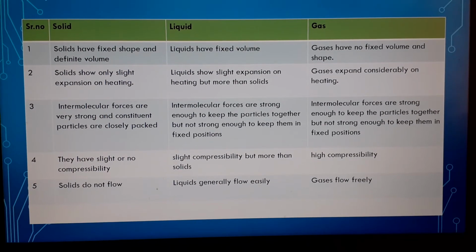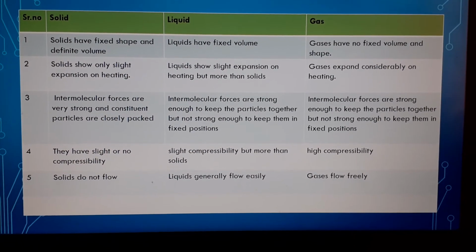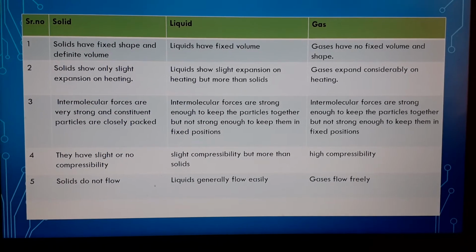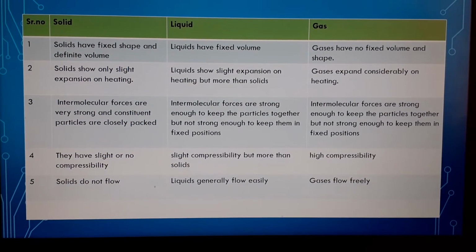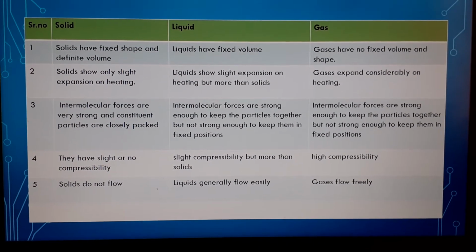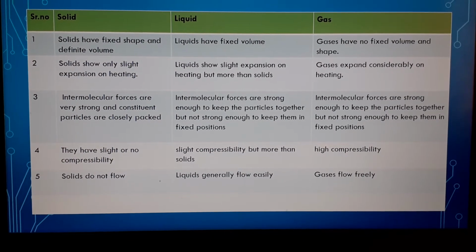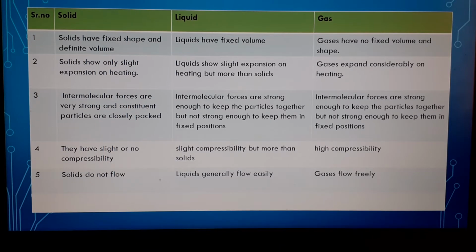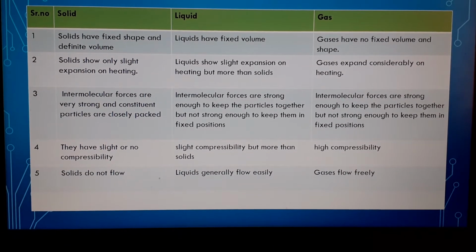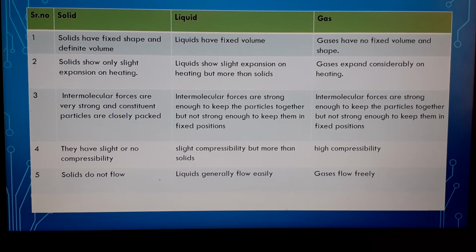That is why outside force does not act on it, and that is why it has a fixed shape. Liquids show a slight expansion on heating, but more than solids and less than gas. Gas expands considerably on heating.